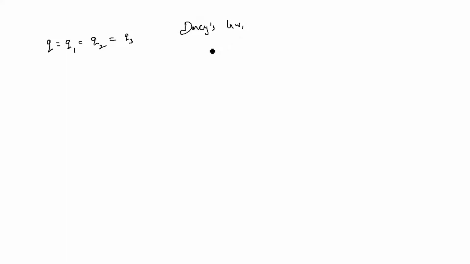Darcy's law: Q equals K I A, where Q is the discharge, K is the permeability, I is the hydraulic gradient, which is the head causing the flow divided by the length of the soil specimen, and A is the cross section area. Now we can write the equation Q equal to Q3.